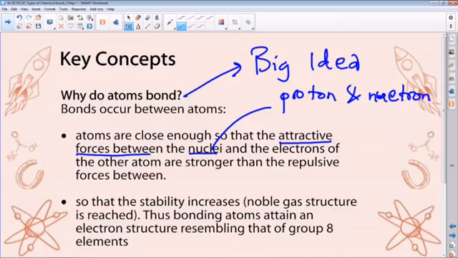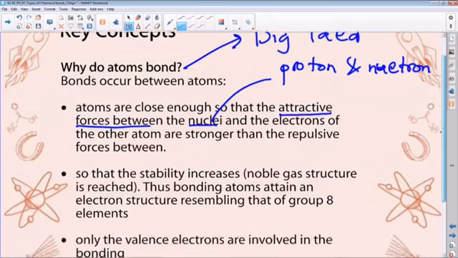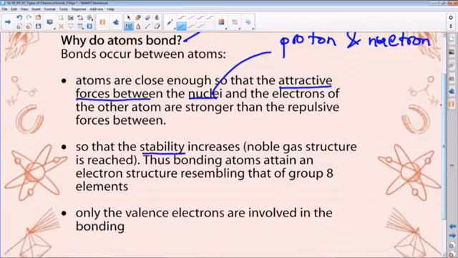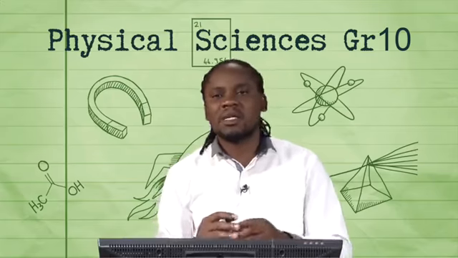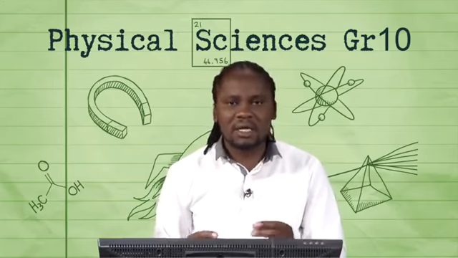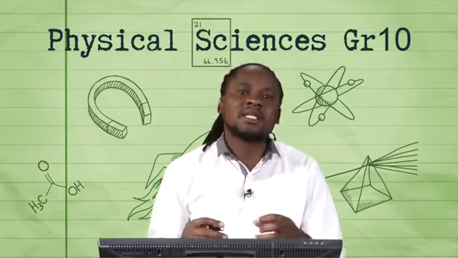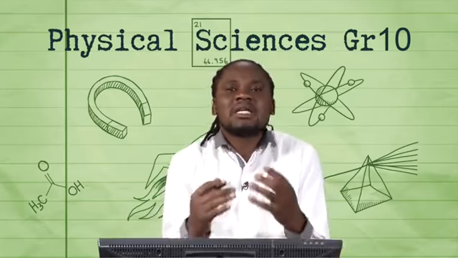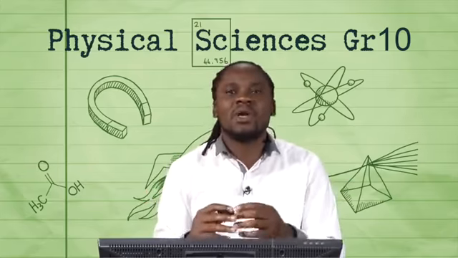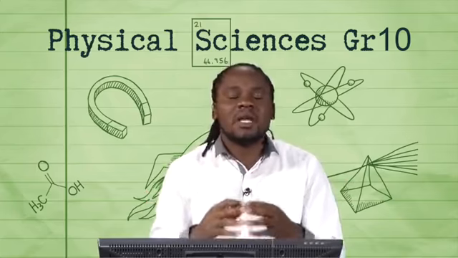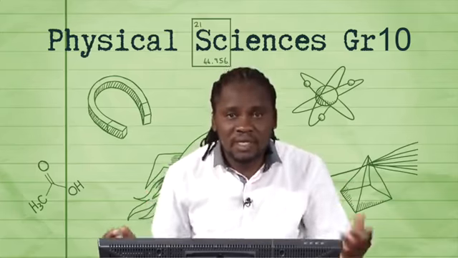And then the core reason why atoms bond is because of stability. We refer to group 8 elements as noble gases, inert gases, stable gases. The words noble and inert suggest that they are generally unreactive. They are less willing to give electrons. They are less willing to accept electrons. At the same time, they're less willing to share electrons at the very least.